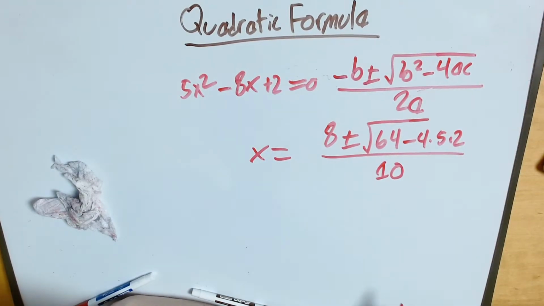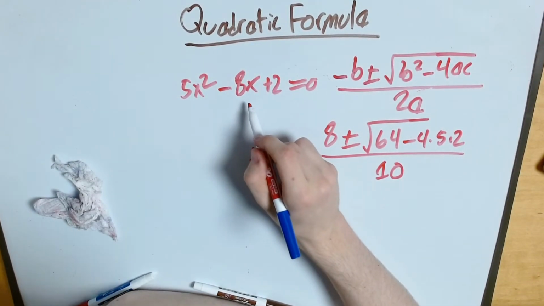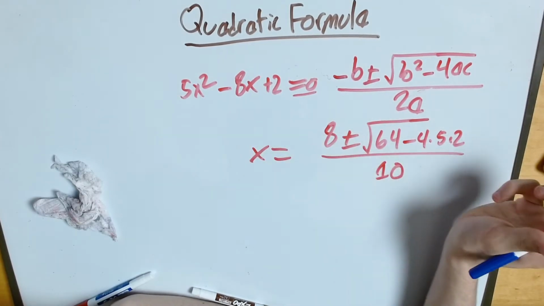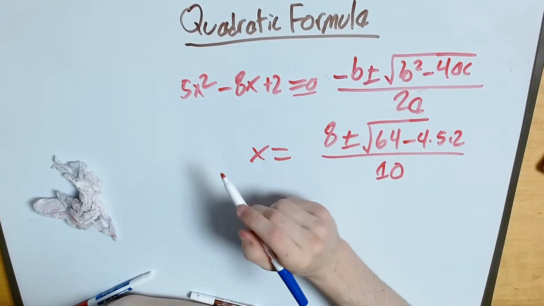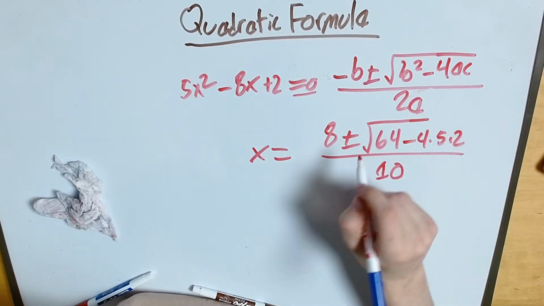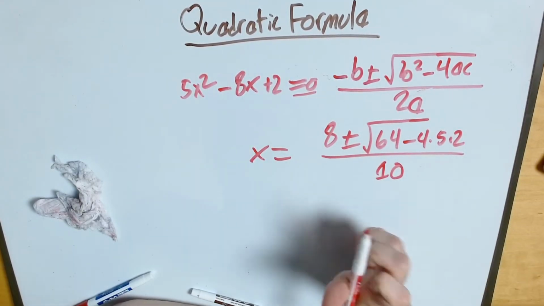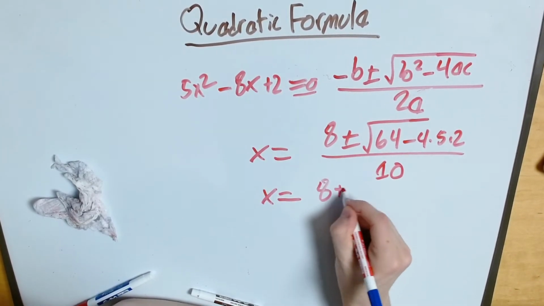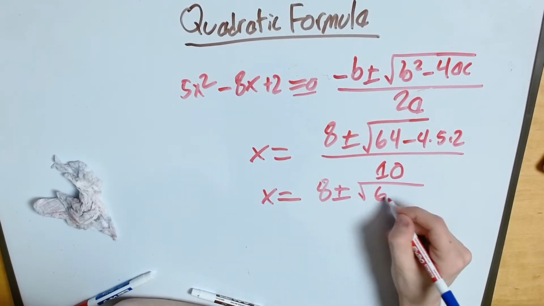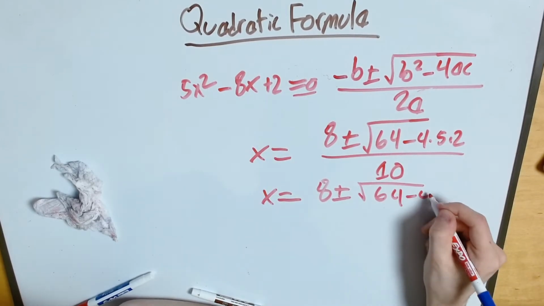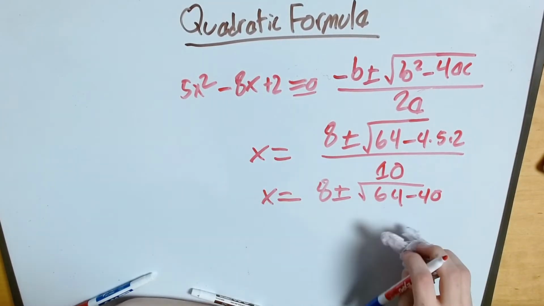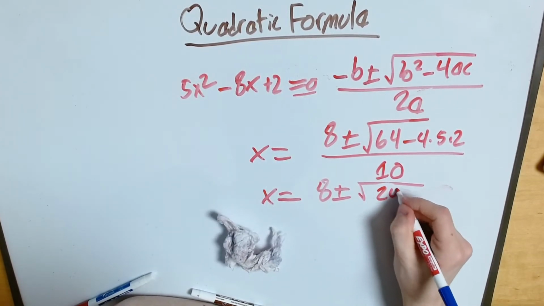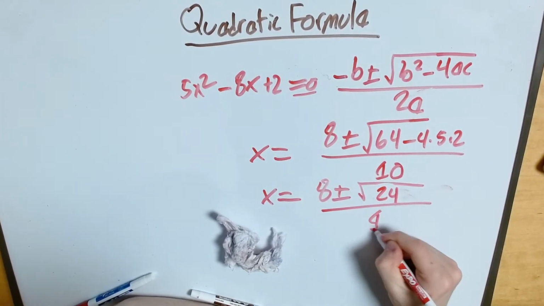So the values of x that make this equation equal 0, the factors of this equation, are contained in this formula. Right, so let's keep going. So we have x equals 8 plus or minus the square root of 64 minus 40, which I can just rewrite as 24, over 10.